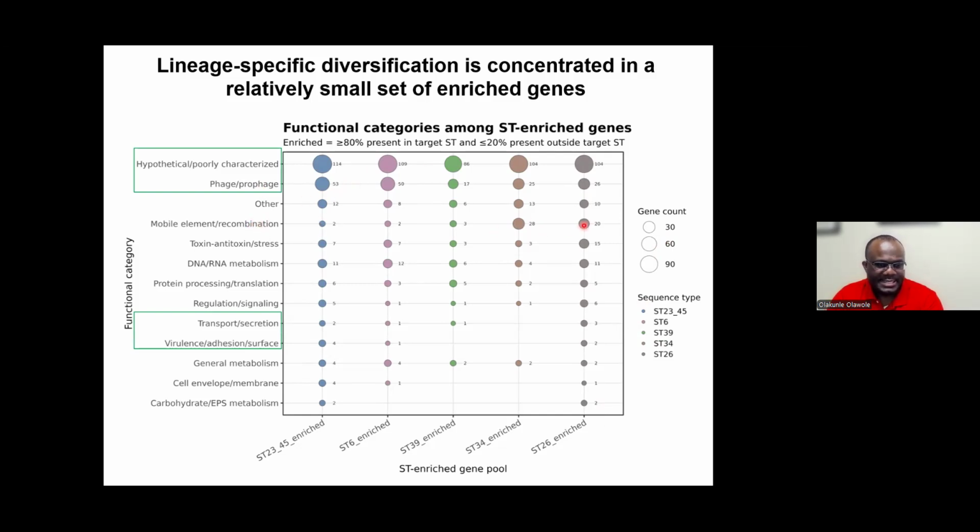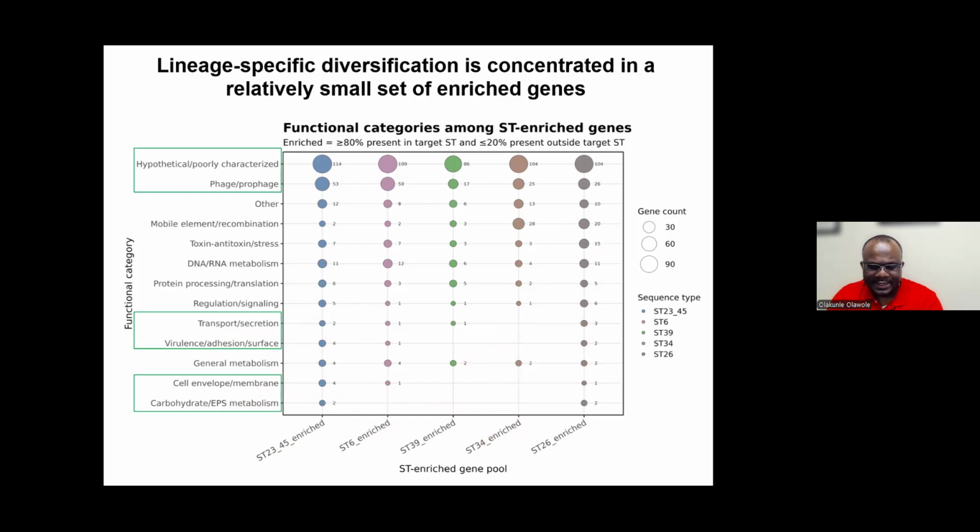You can see that the ST26 also contains some functional groups that were restricted to that ST26, like if you look at the transport and secretion, also virulence, adhesion, surface, these were consistently present in the ST26, and of course we also found that in the ST45, and we found a lot of differences in terms of some of those genes being less enriched in the ST34 and also the ST39, and ST6 was also missing some carbohydrate and EPS metabolism genes.